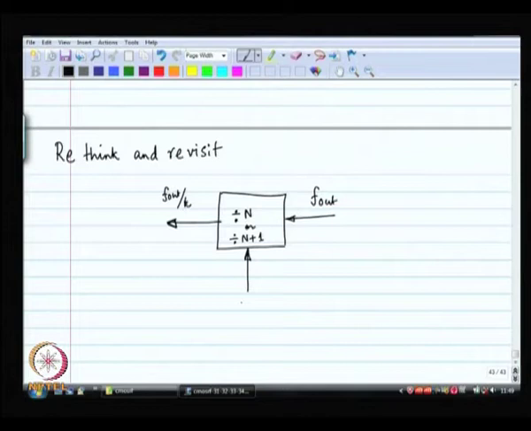So, I am calling this f out by k, it is in terms of frequency. Okay. So, this was our strategy, right. I was dividing by n or I was dividing by n plus 1.